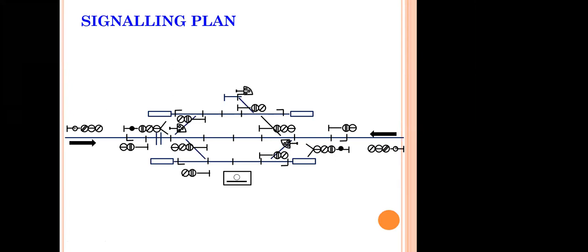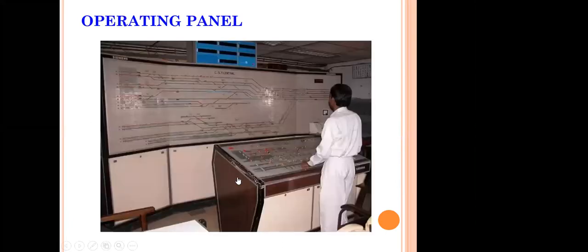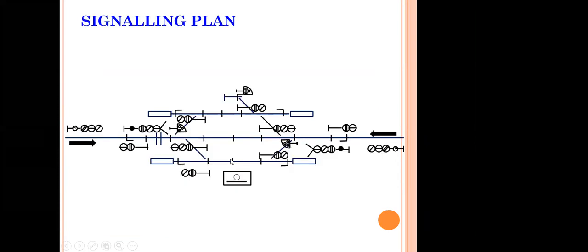The general practice here is we refer to the operator, the station master. When he is facing the panel, from his left-hand side to right-hand side, we give the numbering. That is the reason we go with a signal interlocking plan.